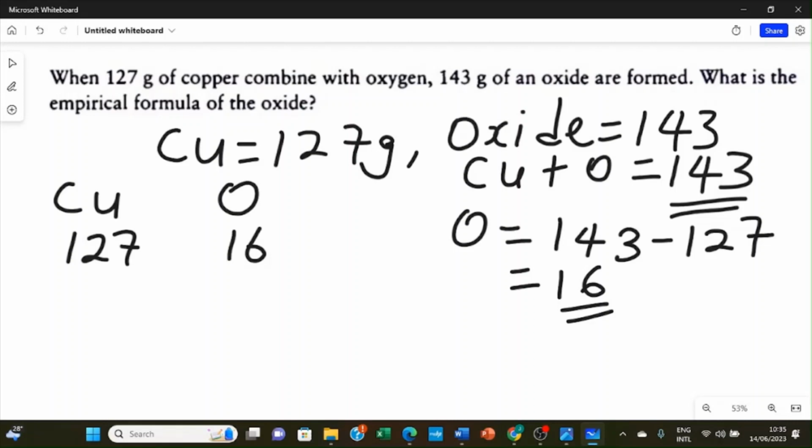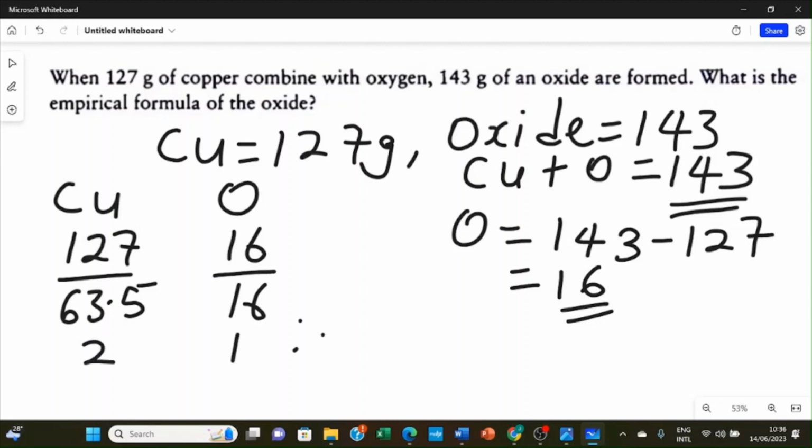So the next thing to do is to divide both sides by the relative atomic mass of each of the elements. The relative atomic mass of copper is 63.5, so we divide by 63.5. The relative atomic mass of oxygen is 16, so divide by 16. So 127 divided by 63.5 is 2 and this is 1.